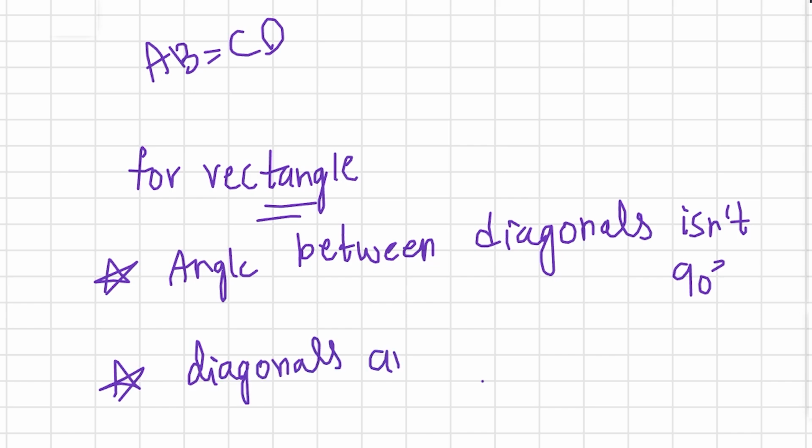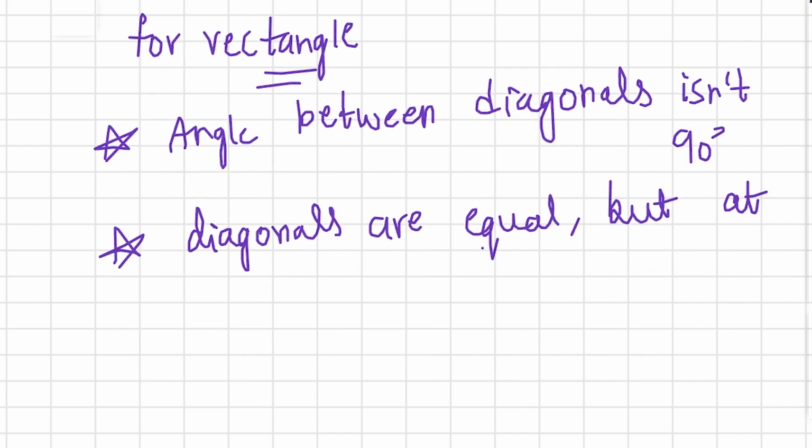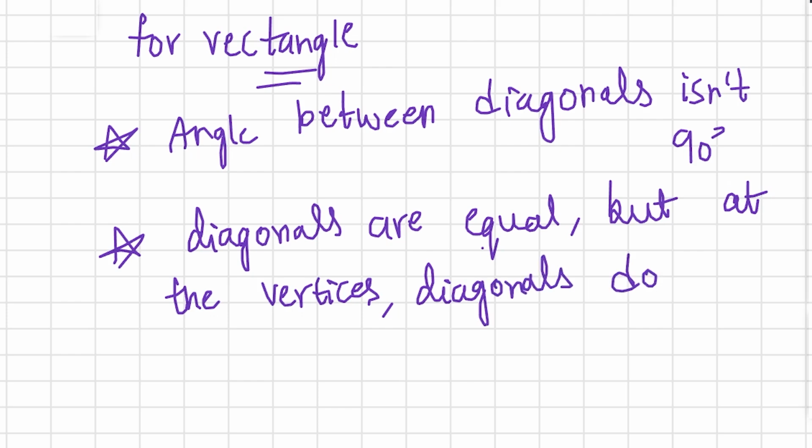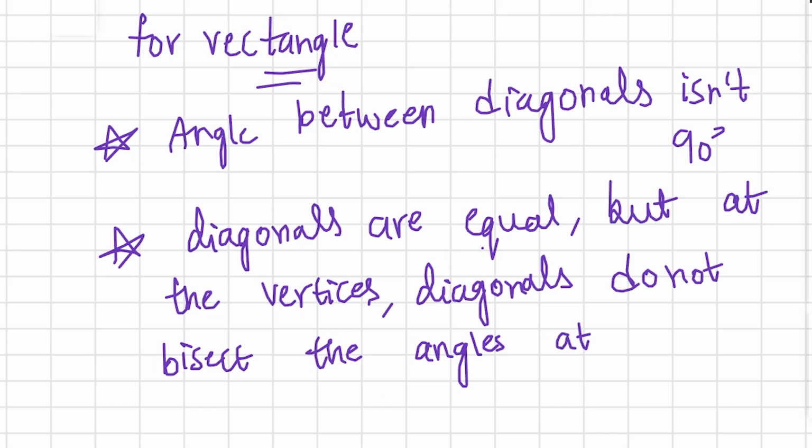Diagonals are equal, but the diagonals do not bisect the angles at the vertices. Okay?